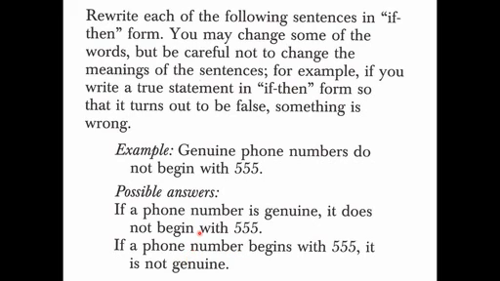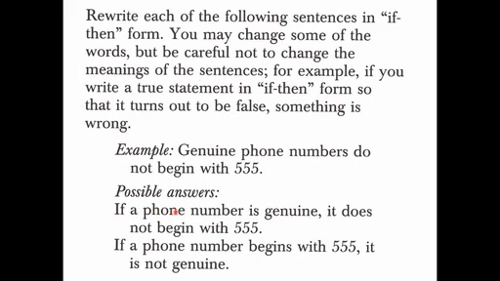Oh, that's interesting. What did they do? Did you pick up on that? Anybody recognize the contrapositive? They interchanged. They put this conclusion first and they negated it. Instead of not begin with 555, they said it begins with 555. Then they took the hypothesis and made it the conclusion, but negated it.